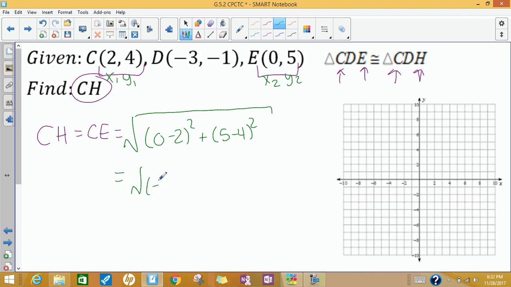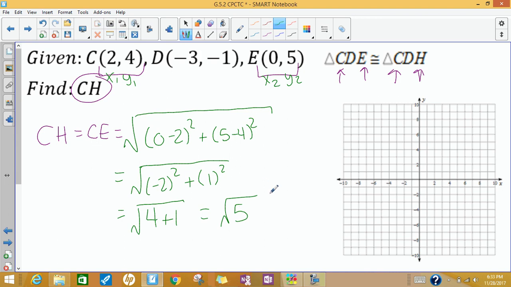And I'm going to get -2 squared plus 1 squared. -2 squared is going to give us +4. A negative squared is always positive. 1 squared is 1 still. And so that gives us the square root of 5. And so if you do the square root of 5 in your calculator, you get close to 2.24.